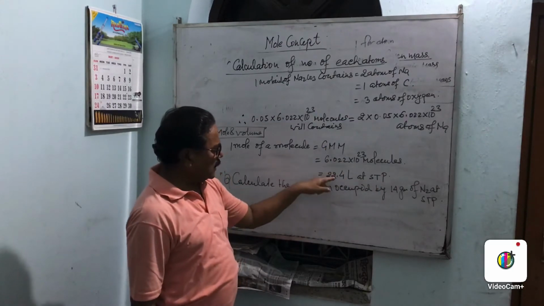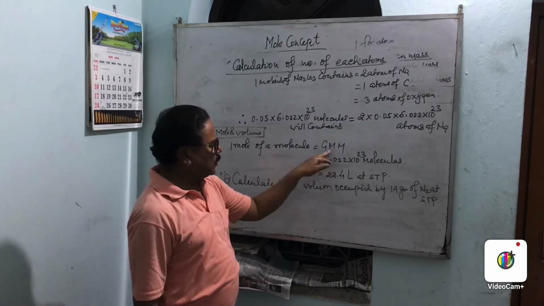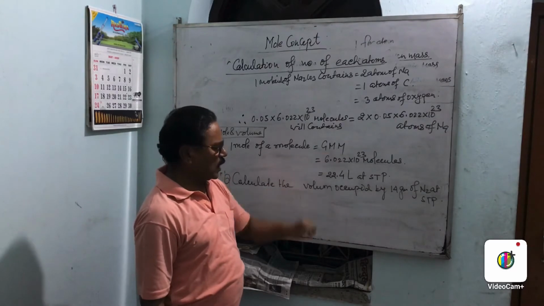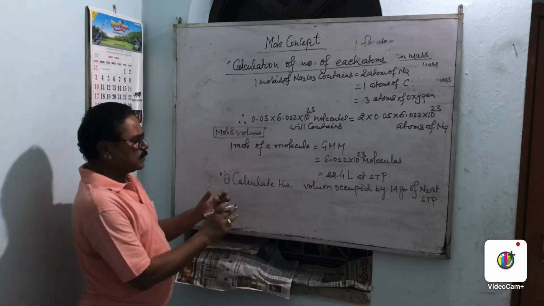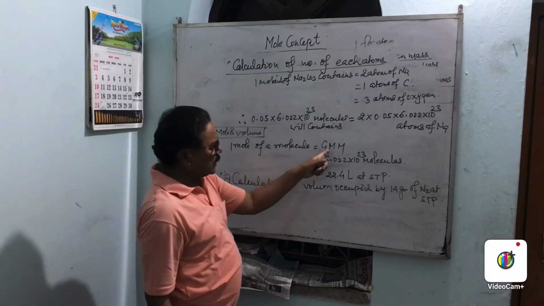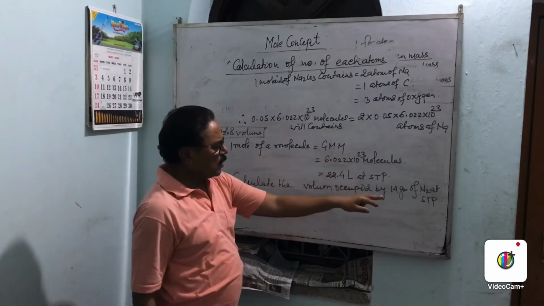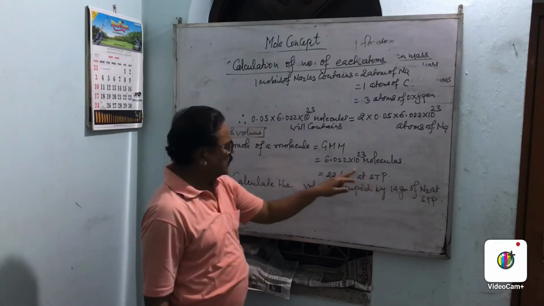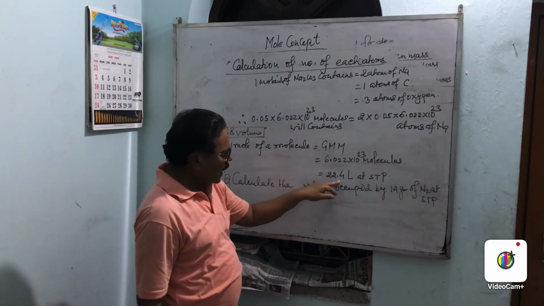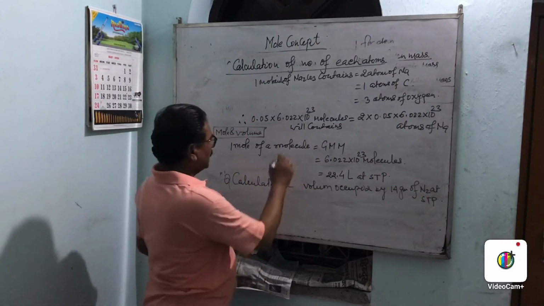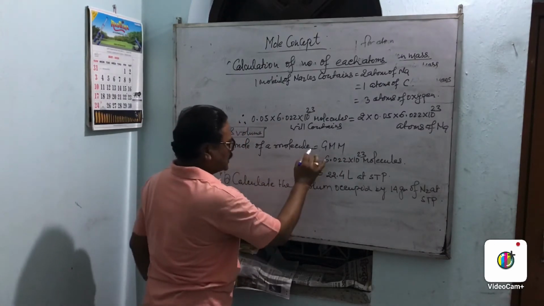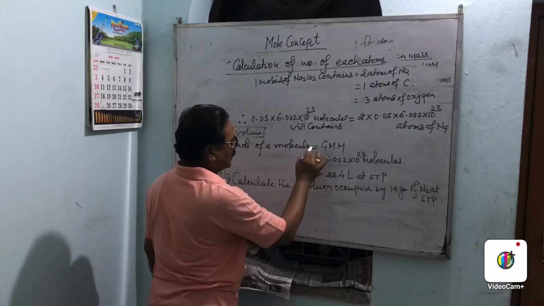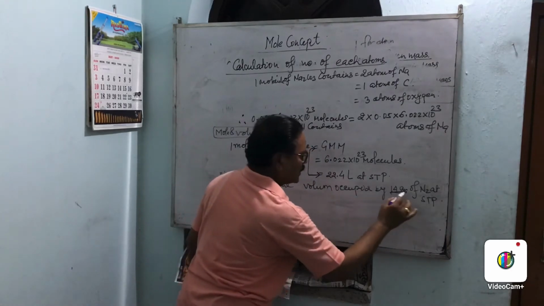Now this is related with this. Here is the gram molecular mass. Here the molecule is N2. Means 28 gram of nitrogen will have this volume, because this is equal to this. Because we have to calculate this one, since the gram is given.